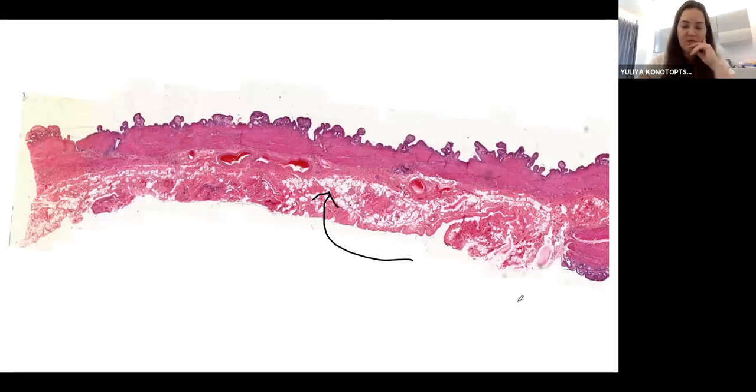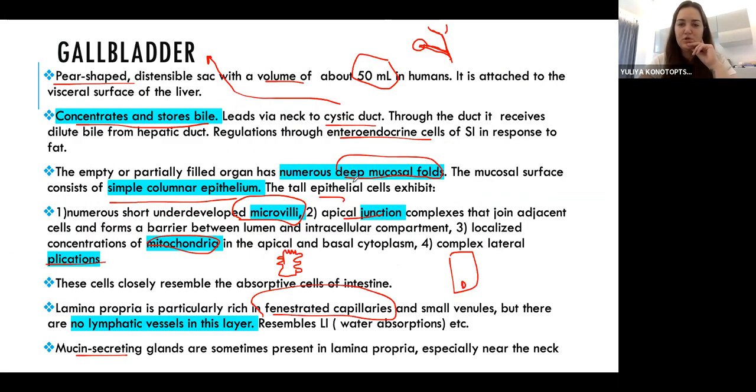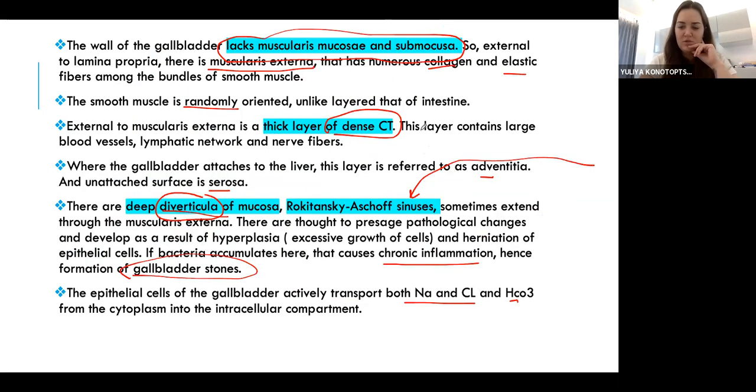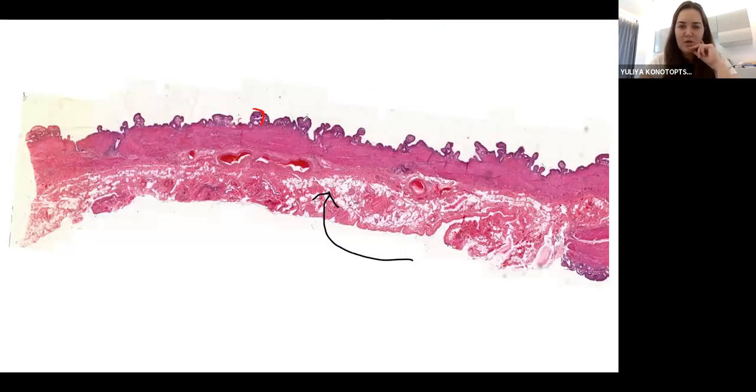So there you go, here's your wall. Here, this is mucosa, right? And you can see what we have said before, it has lots and lots of folds. So here they are. These are the mucosal folds, protrusions of the mucosa towards the lumen. What is the next layer?